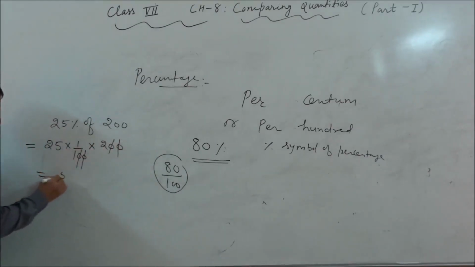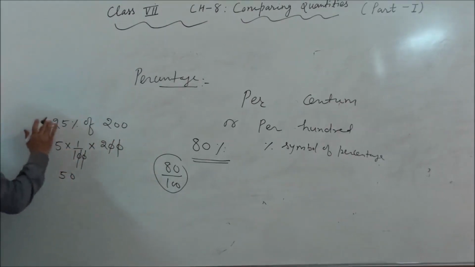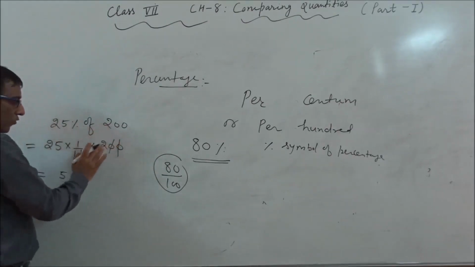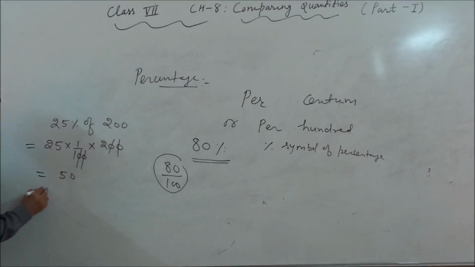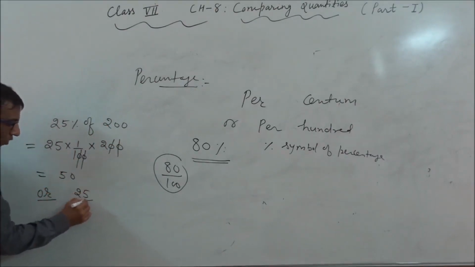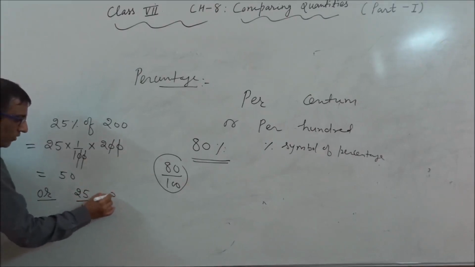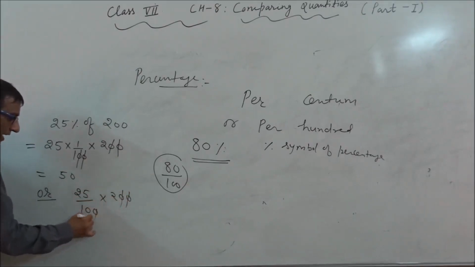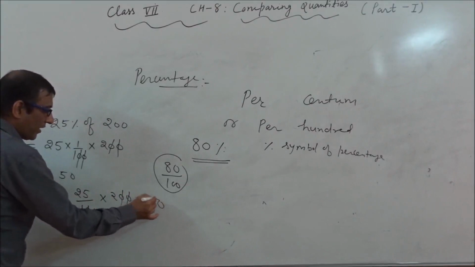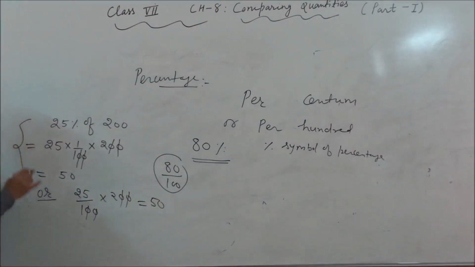So we will get 50. It means we can say 25% of 200 is 50. Or it can also be written as 25 upon 100 into 200. When we solve it, again we will get 50. So both approaches are correct from the percentage point of view.